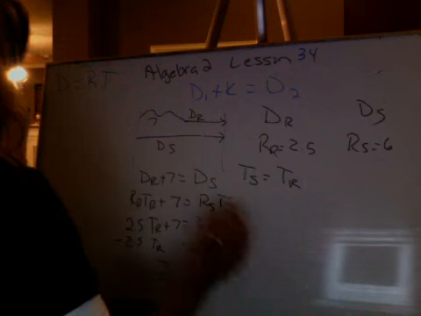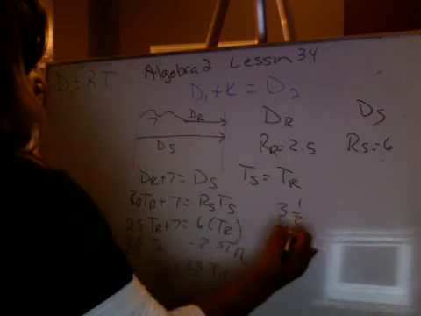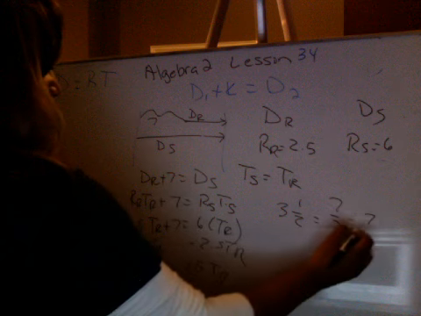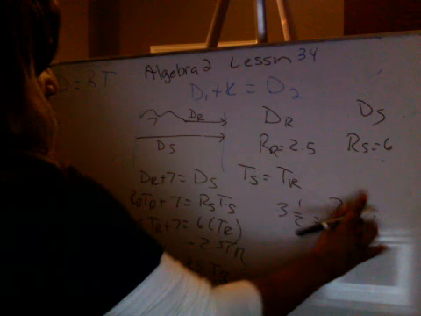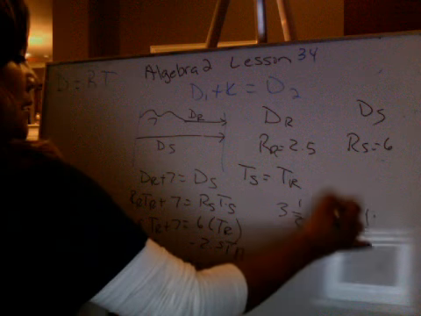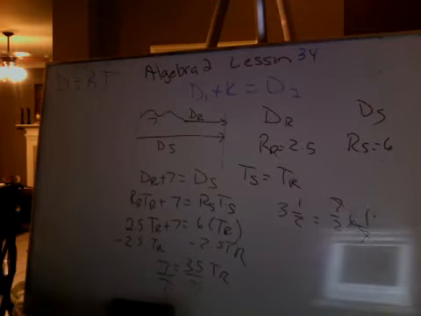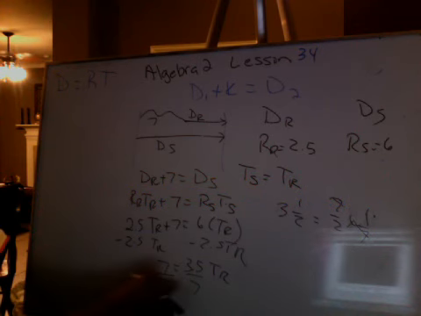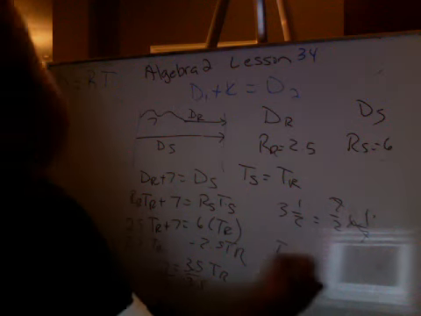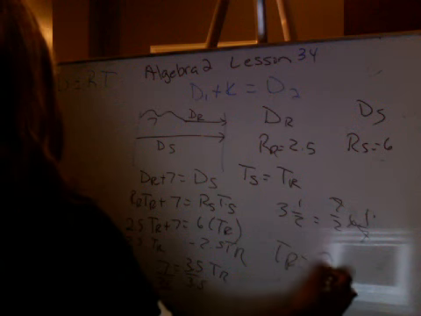We're going to divide 7 by 3.5, 7 divided by 3.5. I did it backwards, that's why. So T of R is going to equal 2.